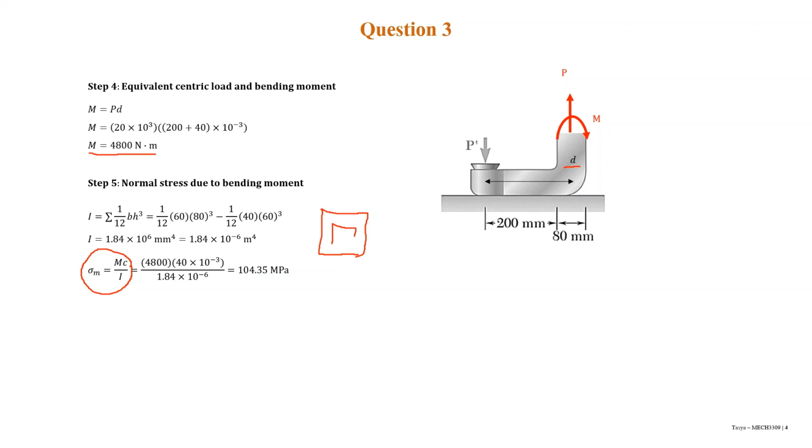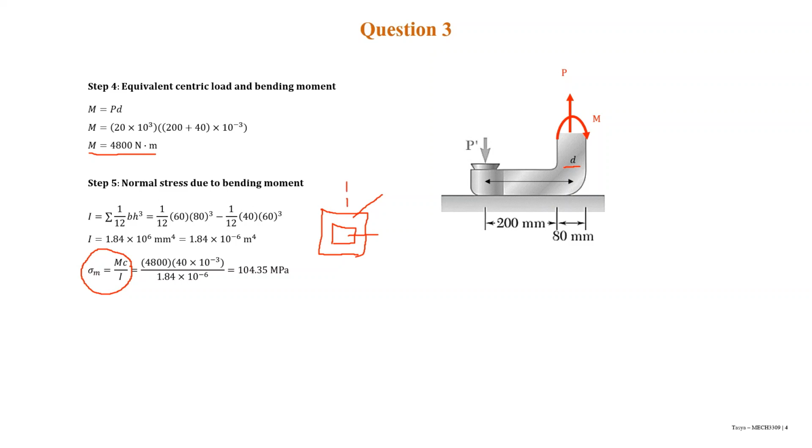So we need to find the inertia from this minus this, which is 1 over 12 multiplied by 60 and 80 to the power of 3, minus 1 over 12, 40 times 60 to the power of 3.